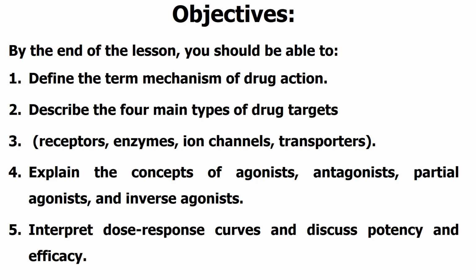Secondly, describe 4 main types of drug targets, such as receptors, enzymes, ion channels, and transporters. You should be able to explain the concepts of agonists, antagonists, partial agonists, and reverse agonists, as well as interpret those response curves and discuss potency and efficacy.